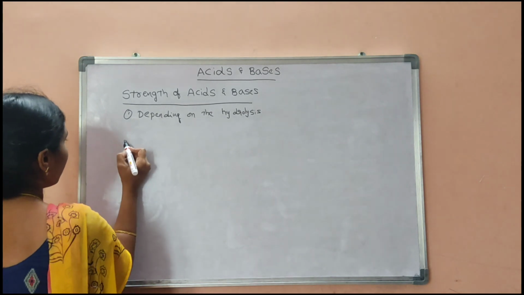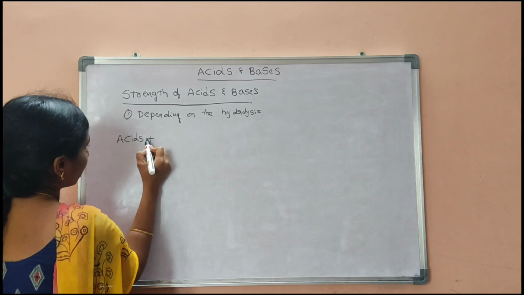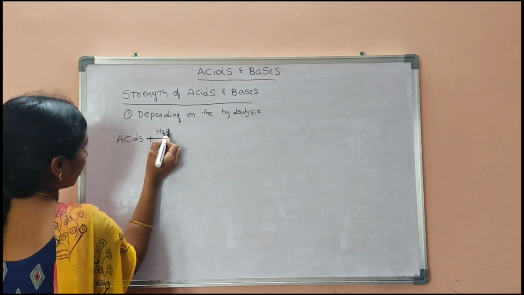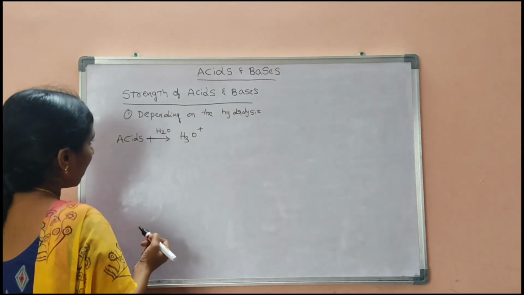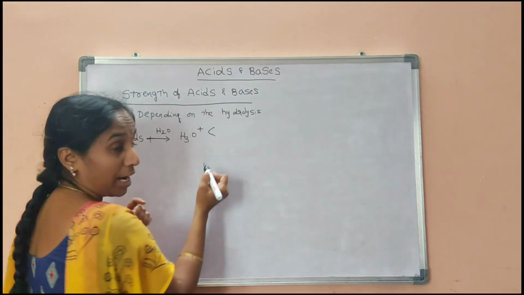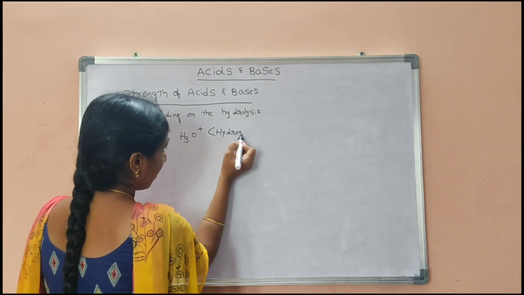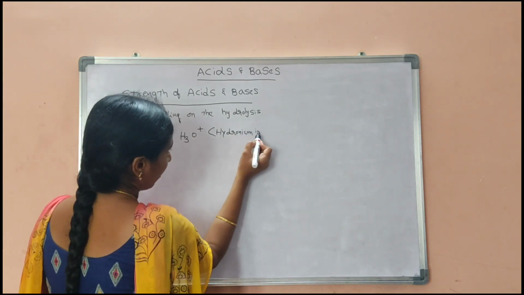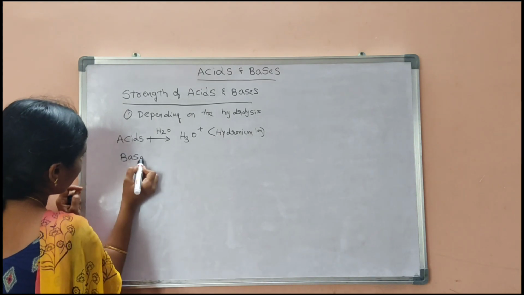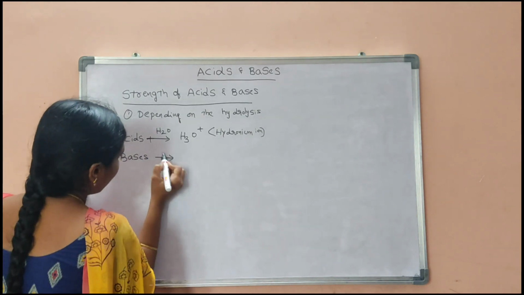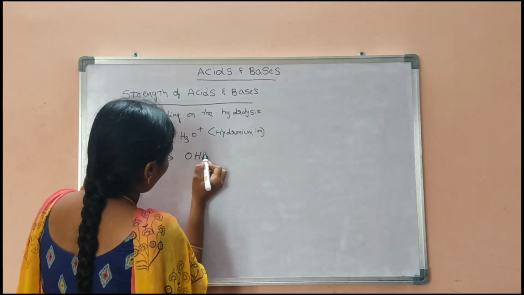In this, acids react with water to produce H3O plus ion. H3O plus ion means hydronium ion. But bases react with water to form OH minus ion.